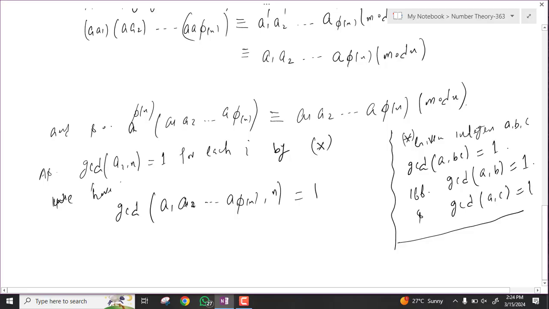Now this implies GCD of A1, A2, A phi of n with n equals 1.